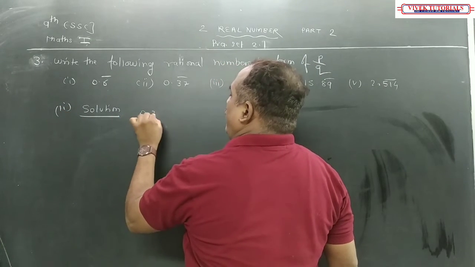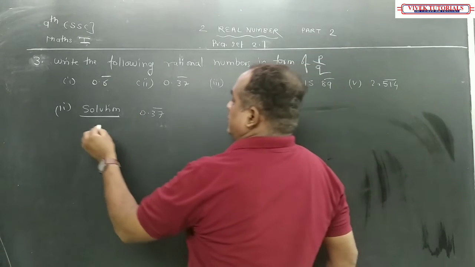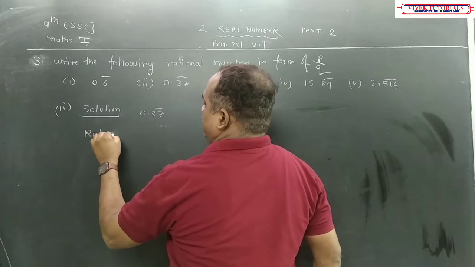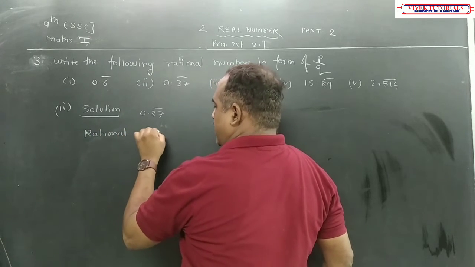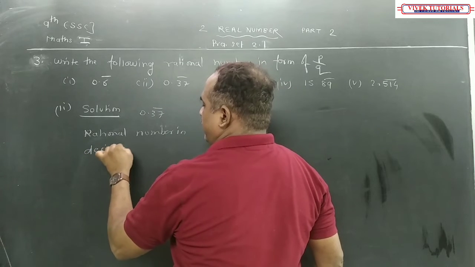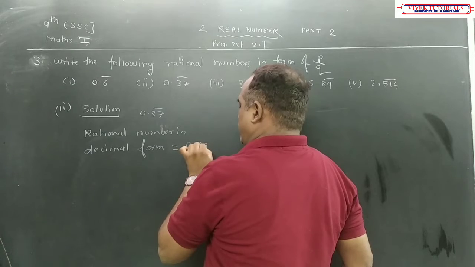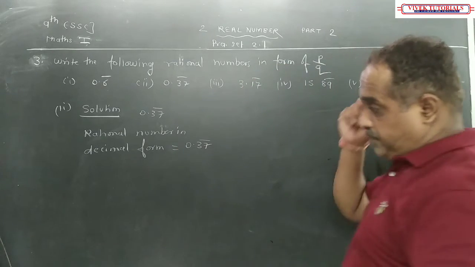is 0.37 recurring. Okay, so the rational number in decimal form is equal to 0.37 recurring.